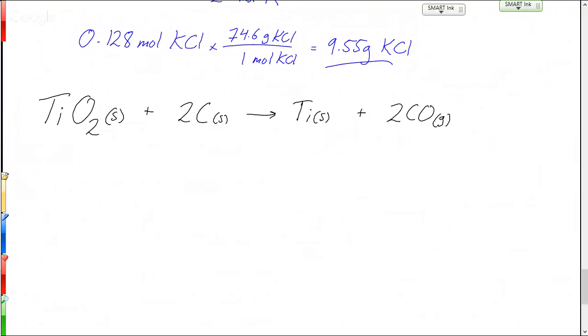Let's say that we're going to react 28.6 grams of this, sorry, other way around, 28.6 grams of this with 88.2 grams of this. How much titanium can be produced?